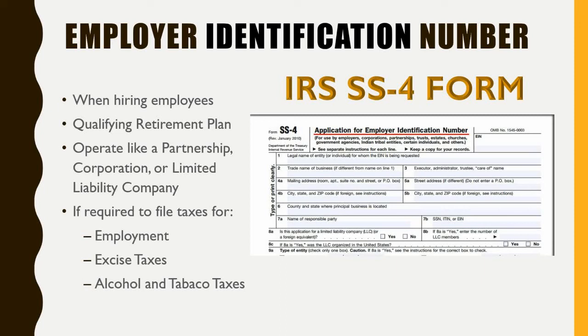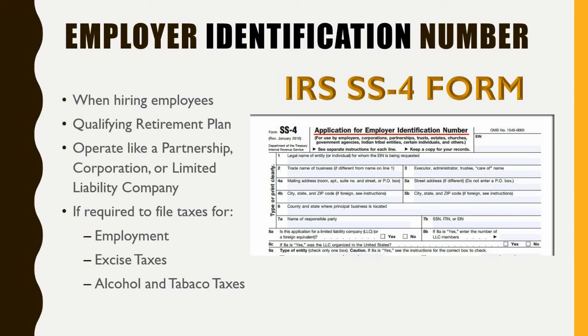And usually this doesn't take that long, but it's definitely necessary if you're planning to have employees, or if you are in the alcohol or tobacco business, you definitely need this because alcohol and tobacco have special taxes, and so does anything else that has special taxes.